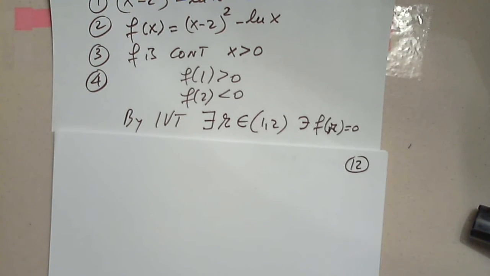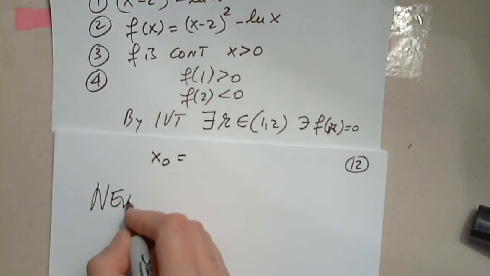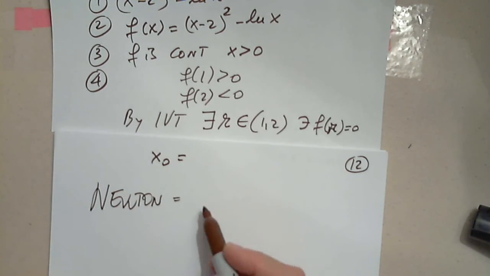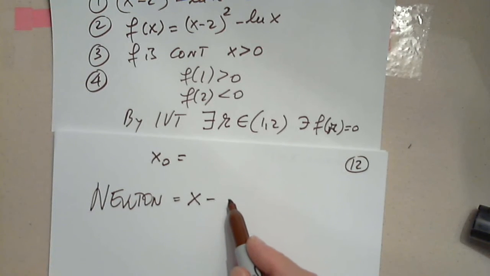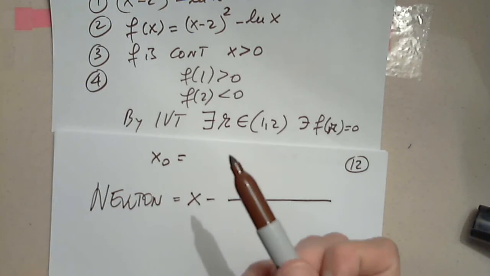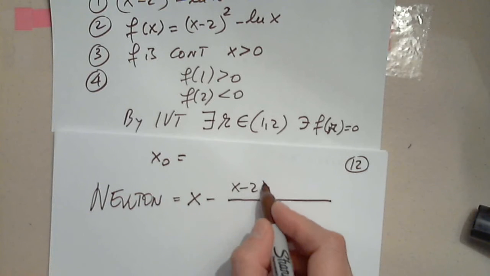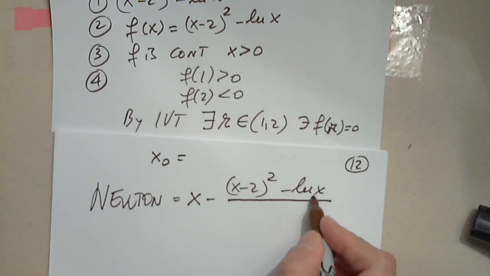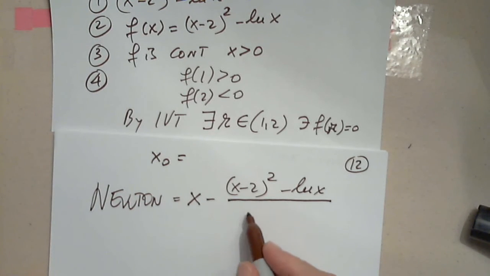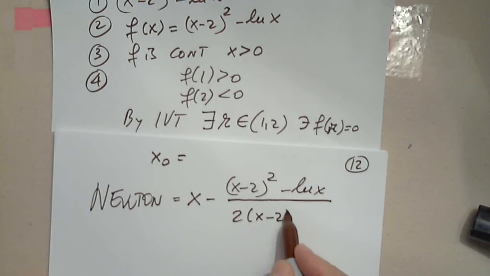So therefore, I'm ready to choose an x0 and write Newton's: x minus the function at the top, the derivative in the denominator. Make sure that whatever I start with, it's not 0 in the denominator.